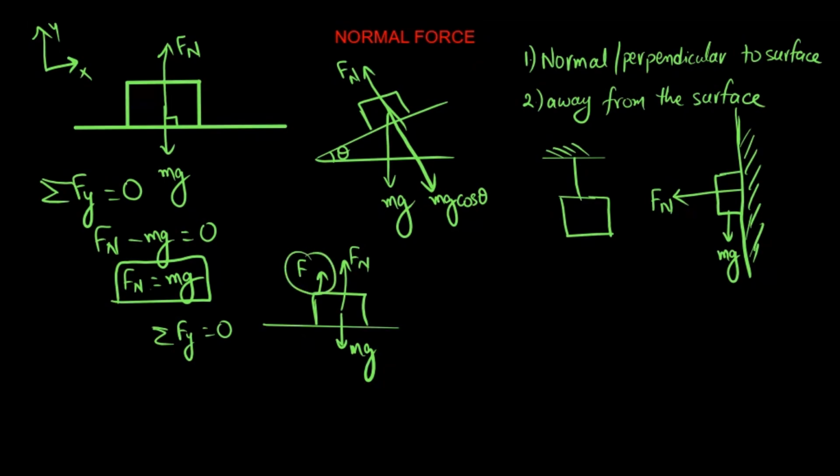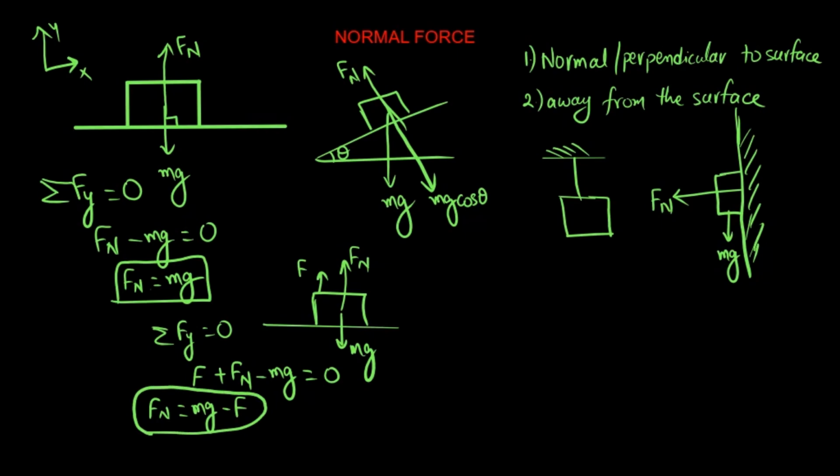This is y direction, y, negative y. They are all in y. The equation would be F plus Fn. Notice that they are both pointing upward, so they are written with a plus sign, and mg is acting downward, so it is written with a minus sign. From here, when you isolate for Fn, you get mg minus F.